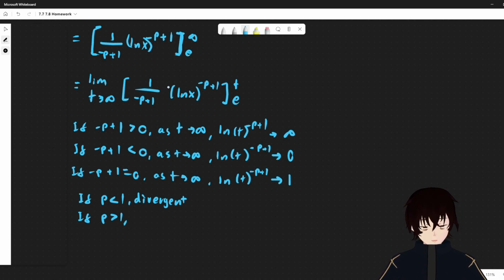Natural log of e is 1, so if we approach 0, we get 0 minus 1 over negative p plus 1. Yeah.